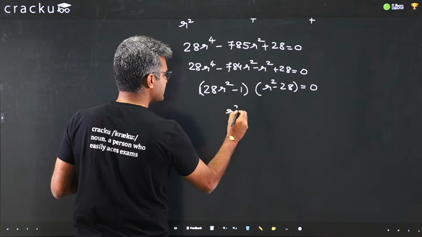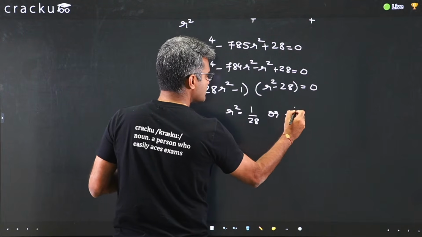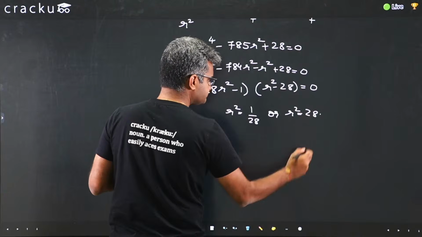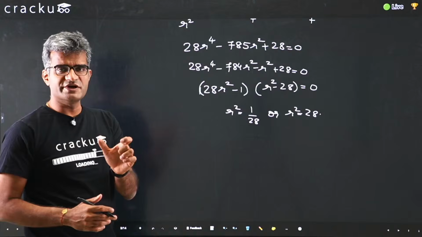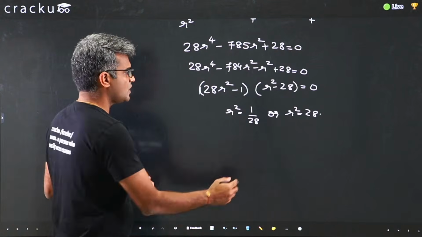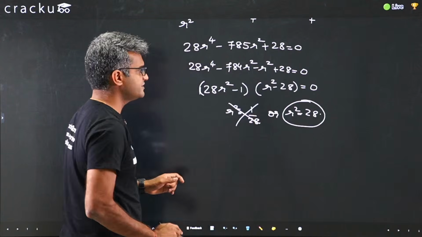So R square is either equal to 1 by 28 or R square is equal to 28. We are told that this is an increasing geometric progression, so the common ratio will be greater than 1. So R square will be equal to 28, R square will not be equal to 1 by 28.